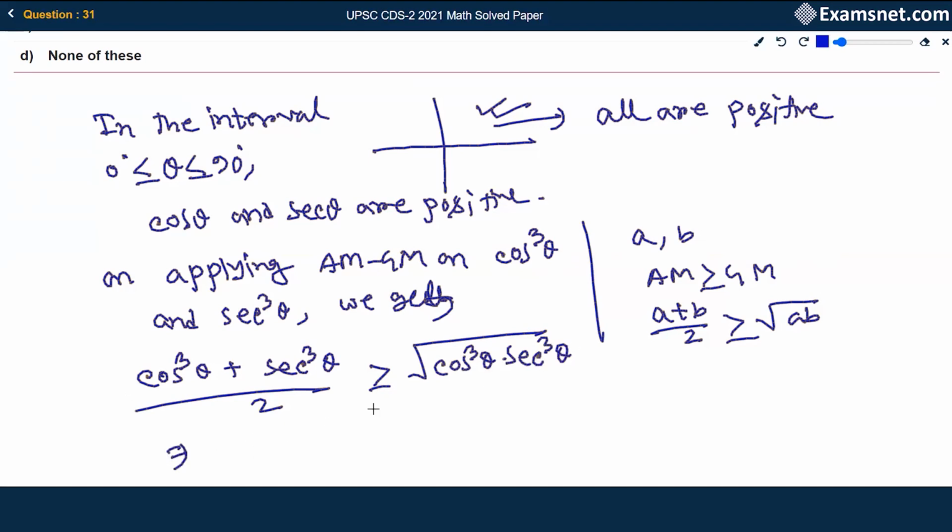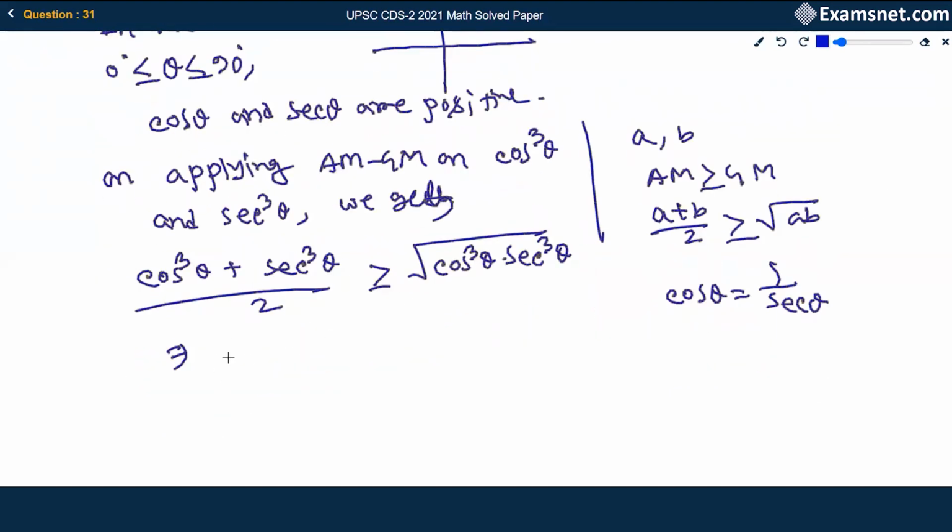So here we can see since cos theta equals 1 by sec theta, they are reciprocal, correct? So cos cube theta plus sec cube theta will be greater than or equal to 2 multiplied by 1. So the sum of cos cube theta and sec cube theta will be equal to or more than 2.